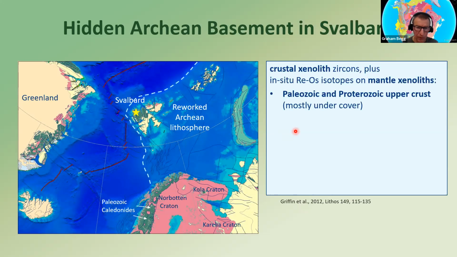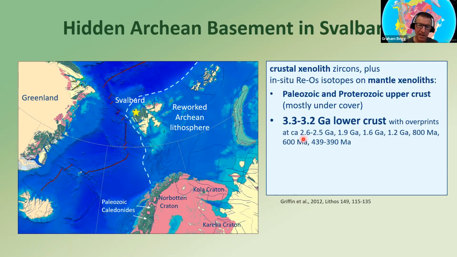The lower crustal xenoliths are paleo to meso-Archean, and the zircons in that material show lots of overprinting by younger events. In other words, this lithosphere has had a significant number of tectonothermal events affecting it.